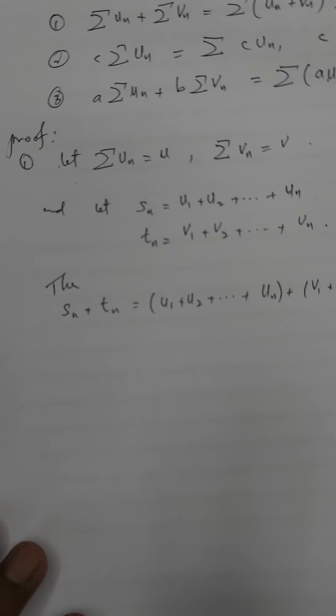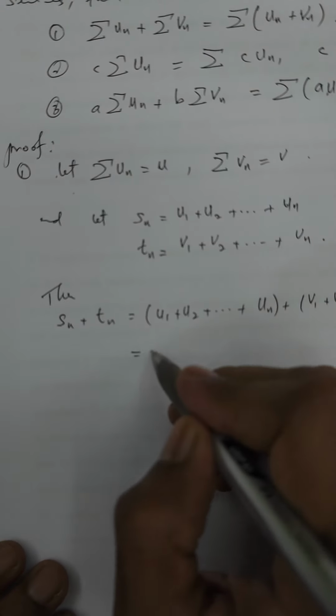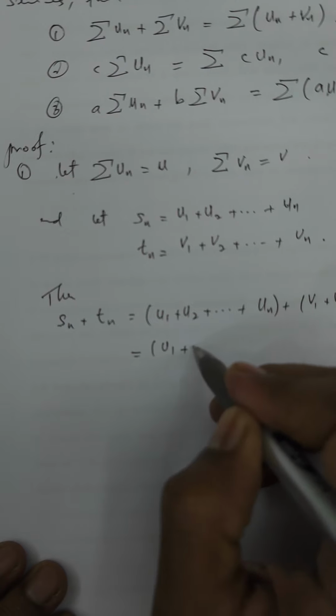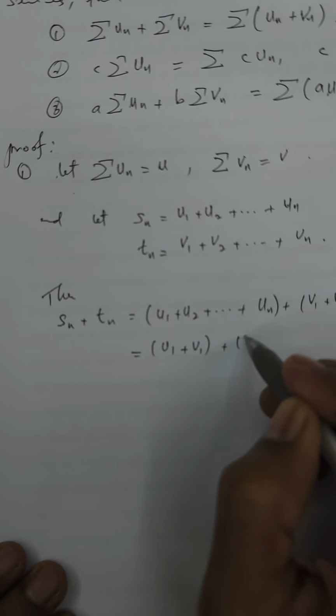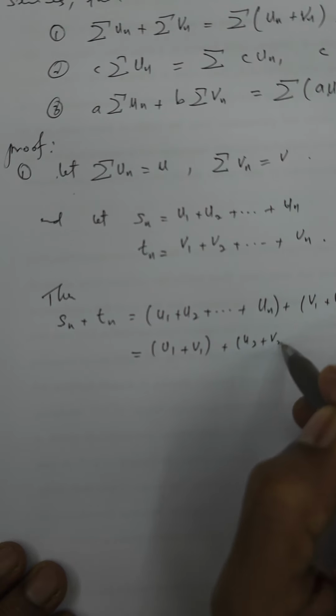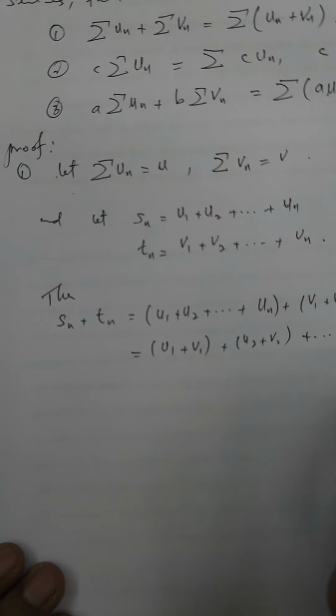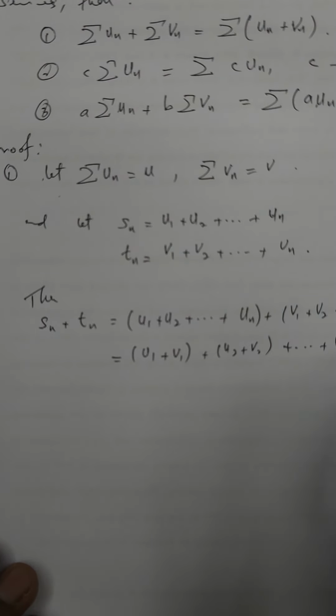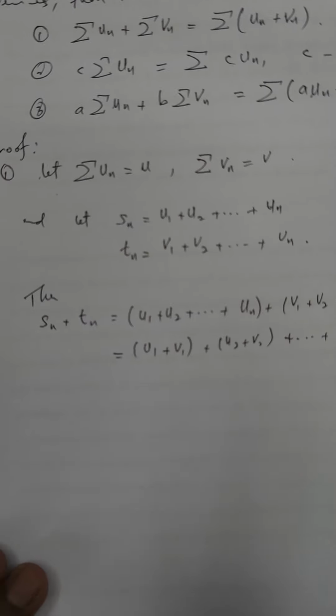Then you can rearrange this, which gives you u1 plus v1 plus u2 plus v2 plus up to un plus vn.